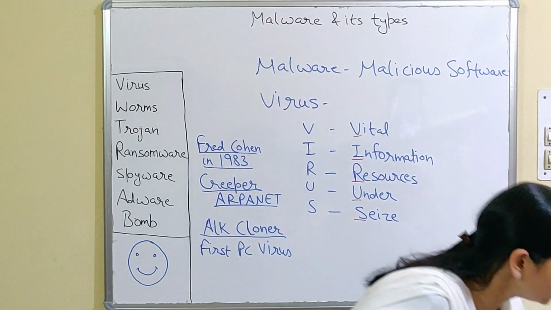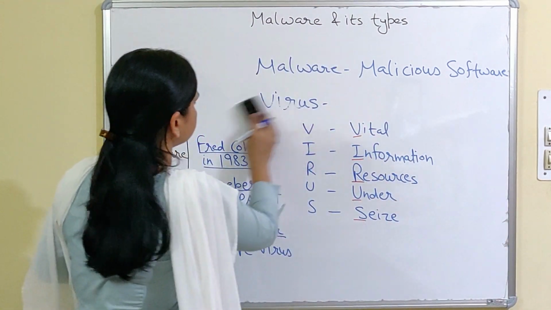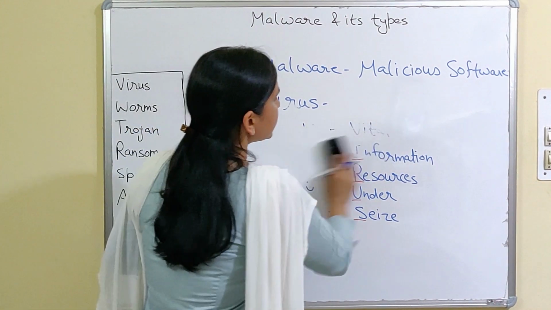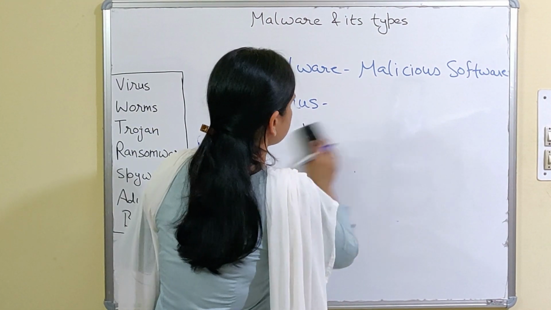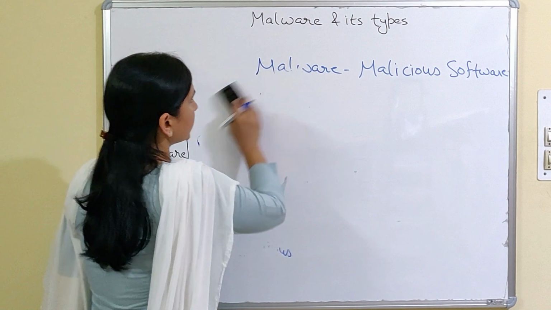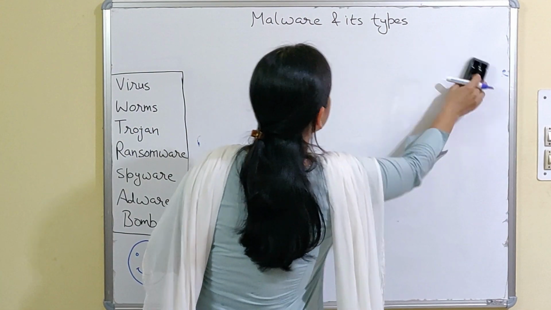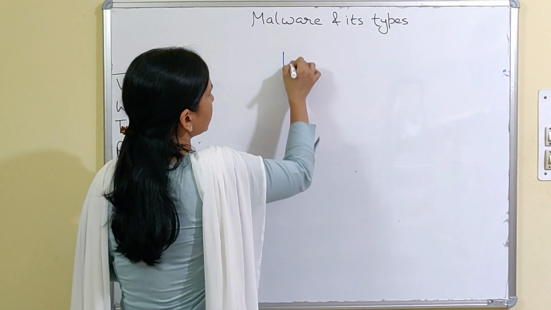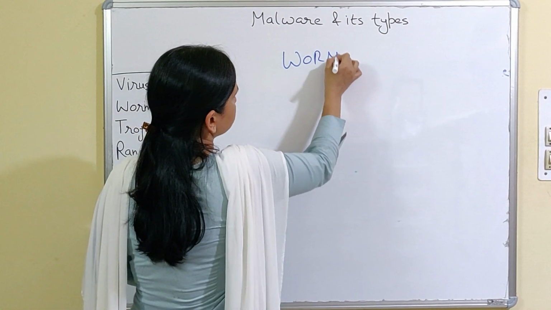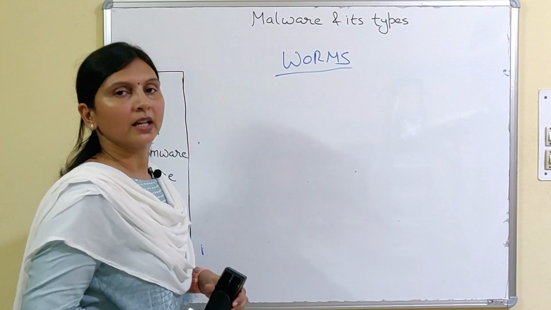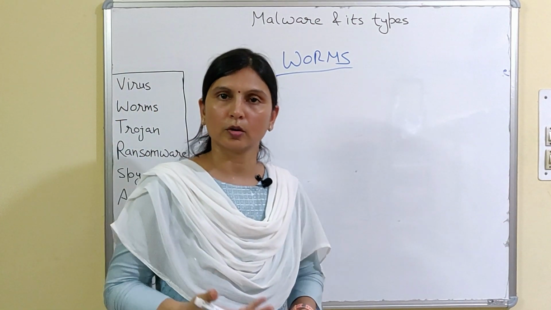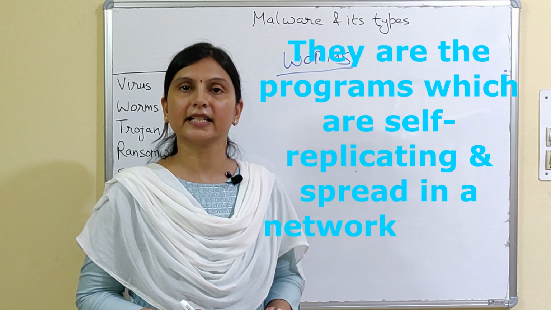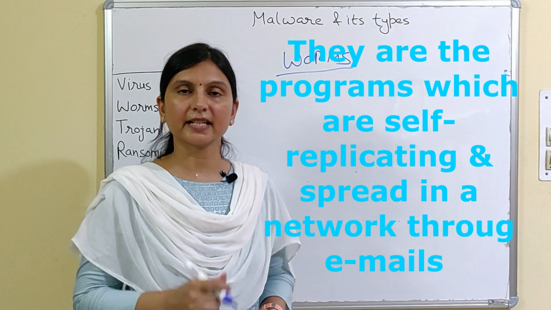Now we will talk about worms. What are worms? See, worms are very similar to virus. Worms are again a type of malicious program, that is malware.